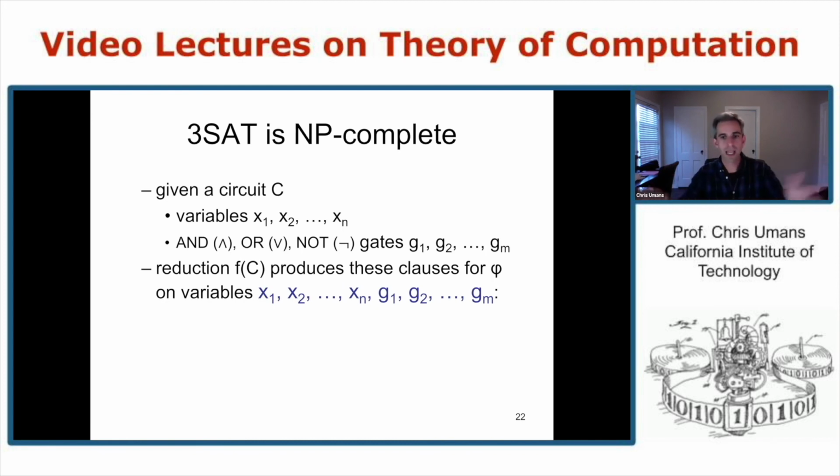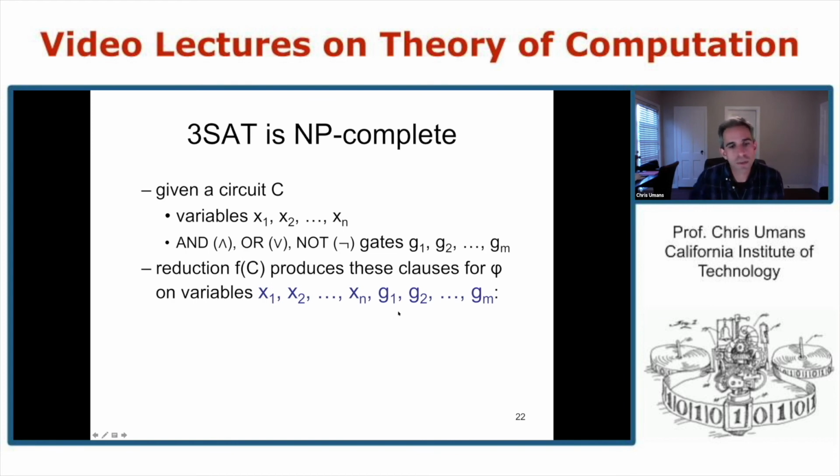Because they're connected by an AND, that's exactly what you need to make the whole formula true. So we're going to produce a bunch of clauses that enforce that these gate variables take on the values they would take on if the circuit was functioning the way a circuit functions. I'll say what I mean by that in just a minute.